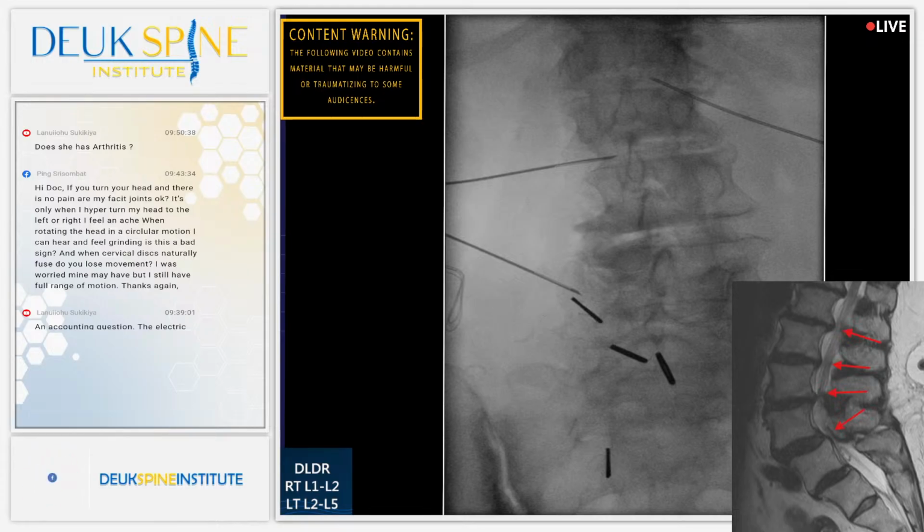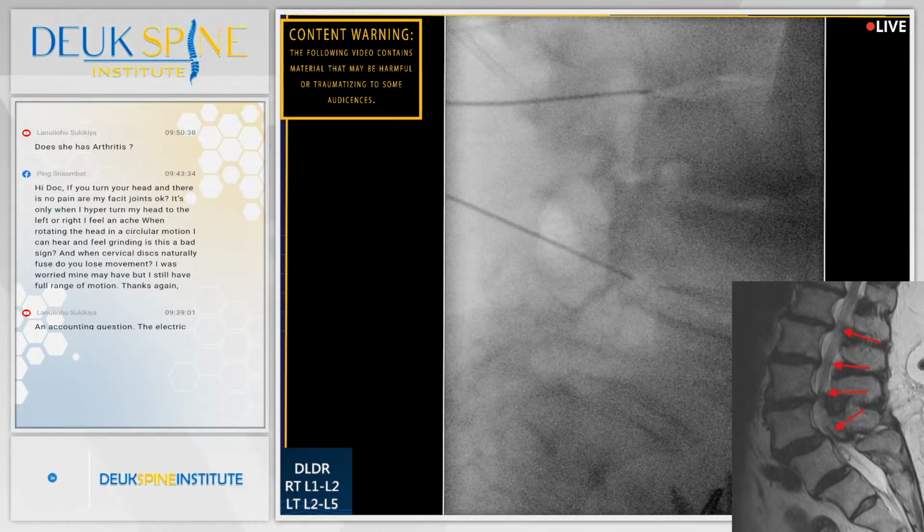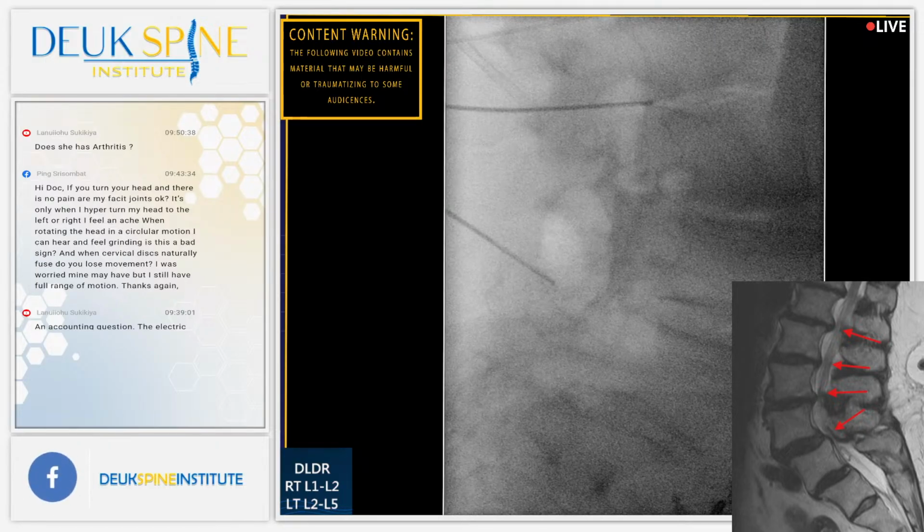So Ping, you're asking questions. I can't diagnose whether you have facet pain or not based on what you're telling me. I have to see you and make you do the movements for me. But I know you want to figure it out. But if we've already done an MRI review and I diagnosed you with facet pain, then you have facet pain. If we haven't done an MRI review, then I recommend you do one. All right? That way we can make a diagnosis.